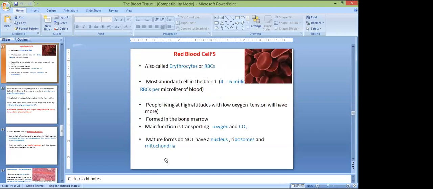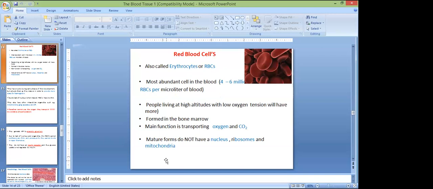So let's dive into RBCs because they're the major focus of today. RBCs, red blood cells. When we think of red blood cells, we think of hemoglobin, right? It's the major constituent of RBCs. What does hemoglobin do?